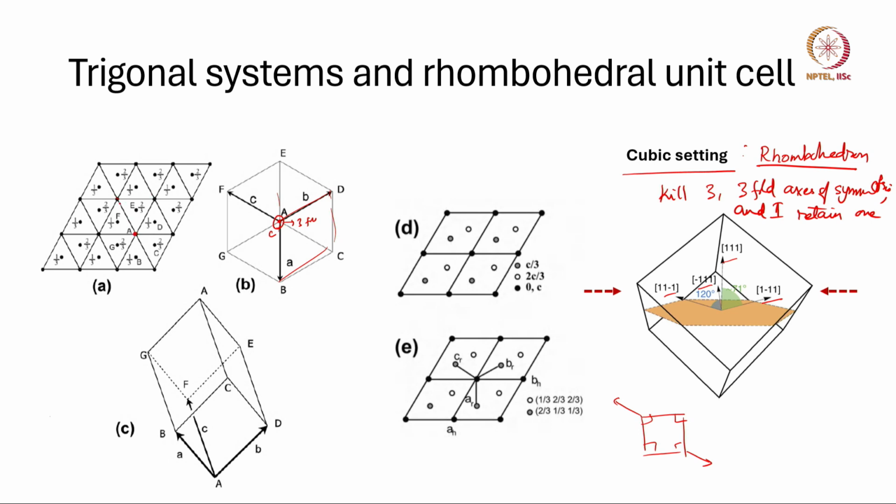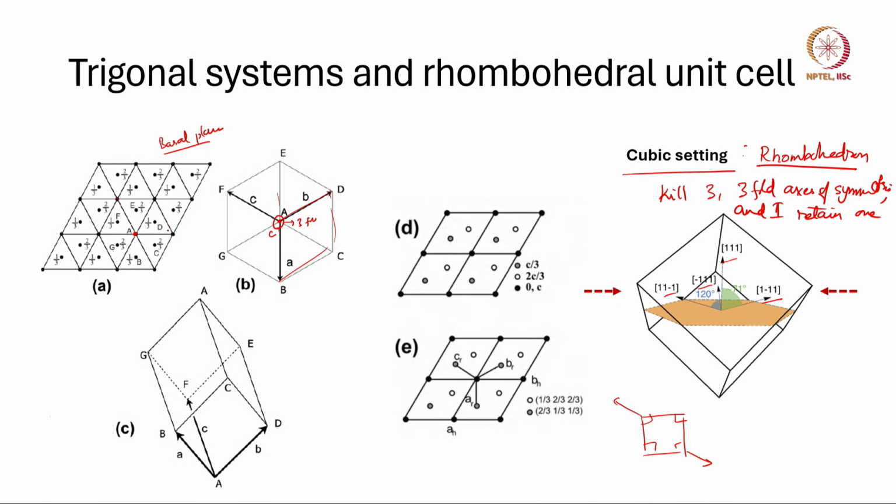You can see that in plane, this is the basal plane of the hexagon, and since it has a 3-fold axis of symmetry, about the C axis a 120 degree rotation should give me exactly the same entities, right?